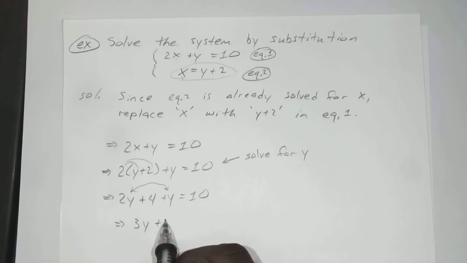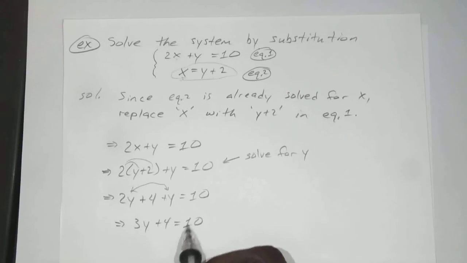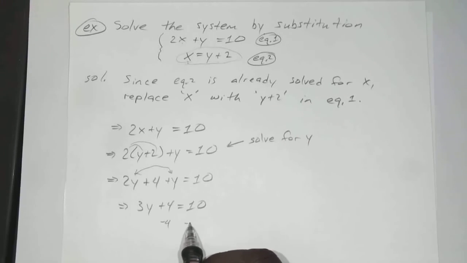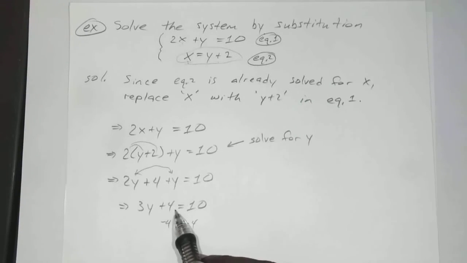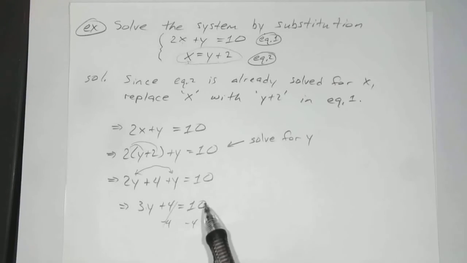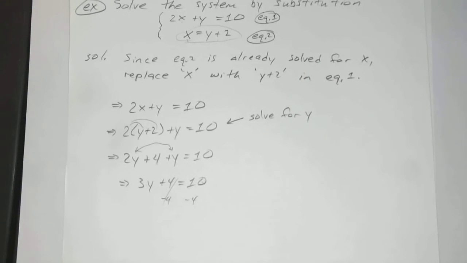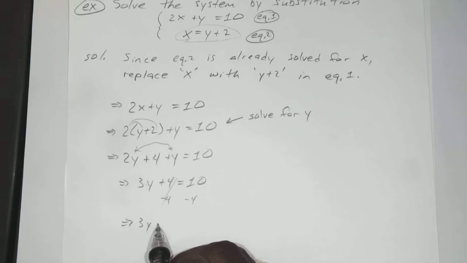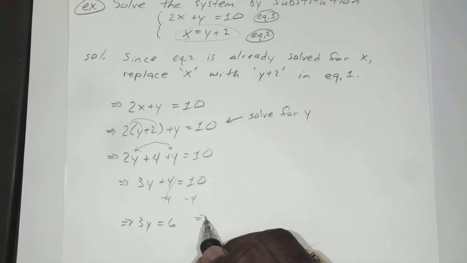So we have 3y plus 4 equals 10. And we can go ahead and subtract 4 from both sides. Those two cancel out. So that's 3y equals 10 minus 4, which is 6. So if we divide both sides by 3, we end up with y equals 2.